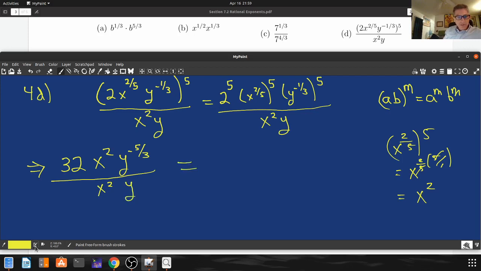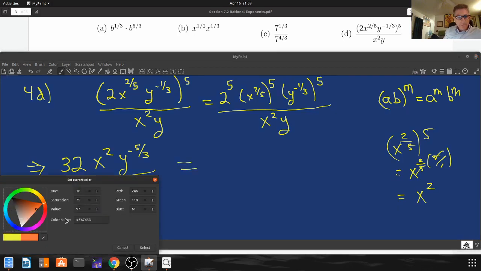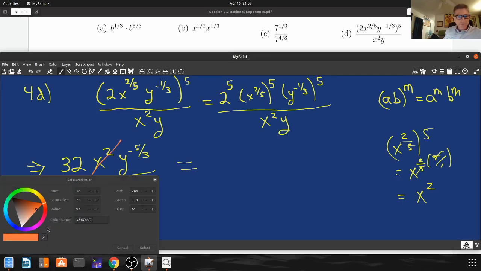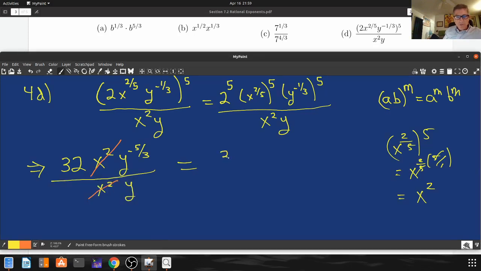Now, let's look to simplify. If you notice, I have x squared in the numerator and x squared in the denominator, so they literally cancel out. So my end result is going to be 32 in the numerator, and I'm moving this entire term down below so that I have y times y.